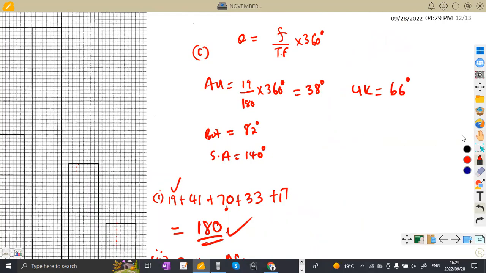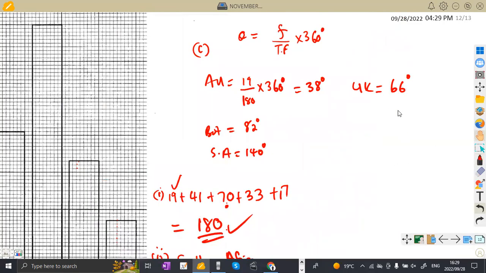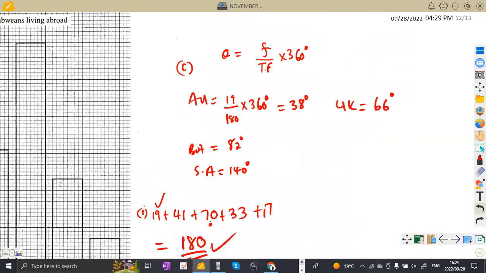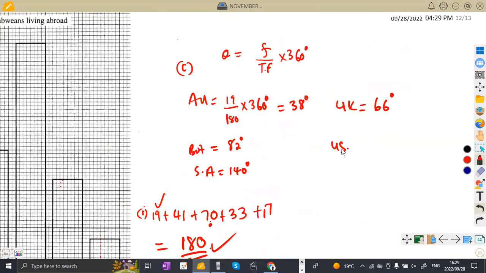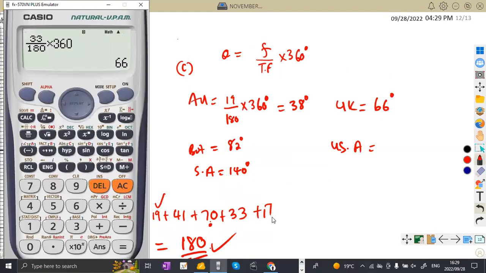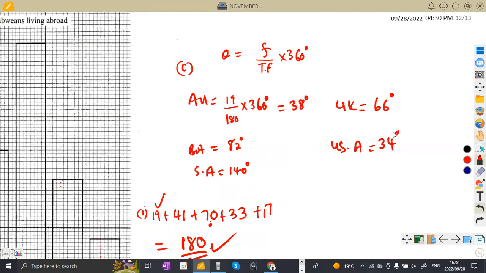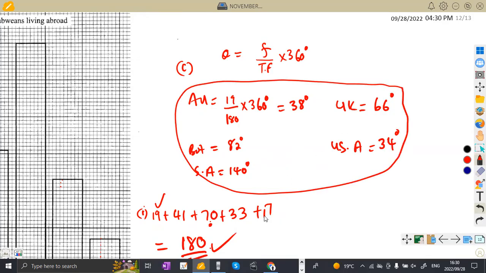You move on to the other one, the last one, which is USA. So in USA, how many do we have? It was 17. So it's going to be 17 here. So you just put 17 on this information. All right, so this is 17 like this, which is going to give us 34 degrees. All right, so adding all these, we must get 360 to confirm our answer.